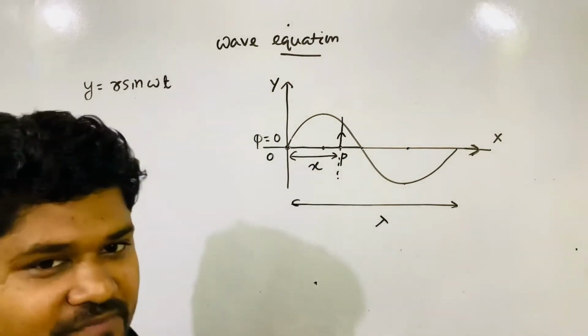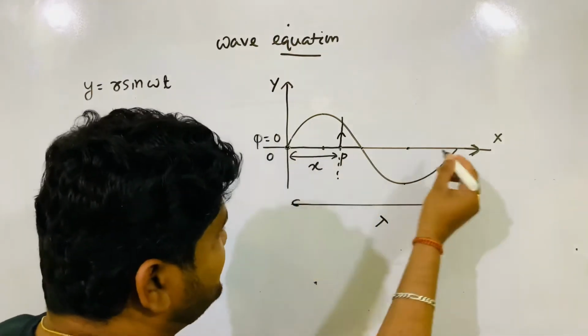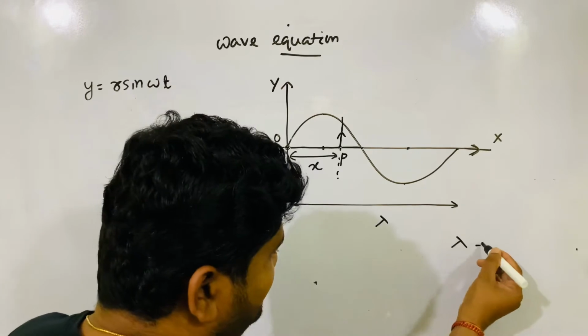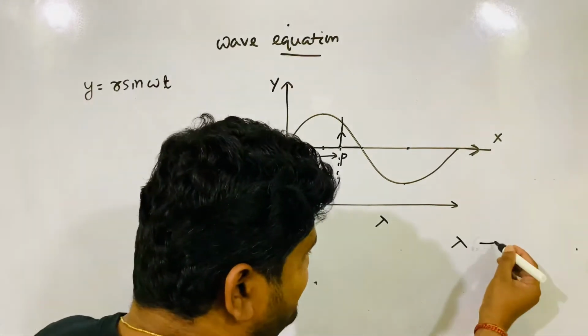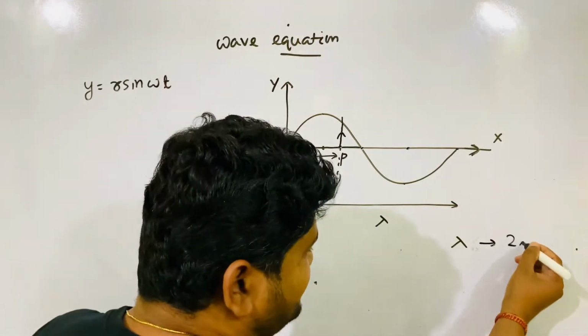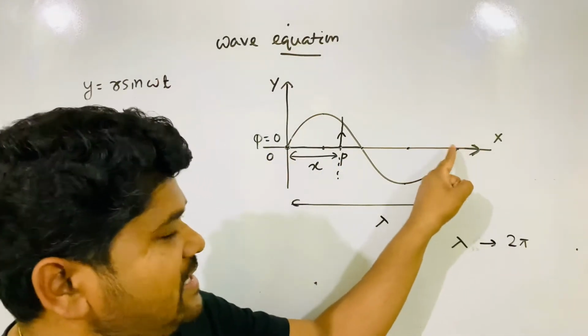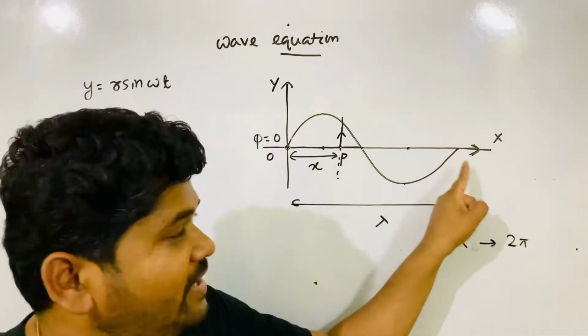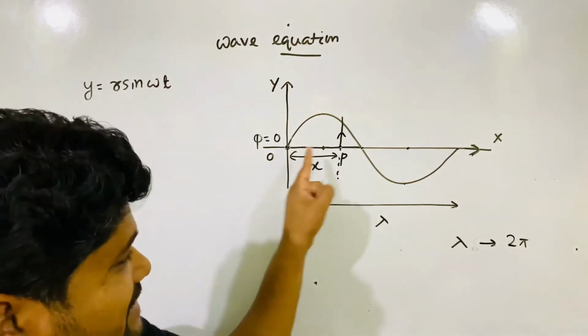Lambda. When the path difference is lambda, what is the phase difference? 2 pi. So the phase difference from this to this is 2 pi when the path difference is lambda.